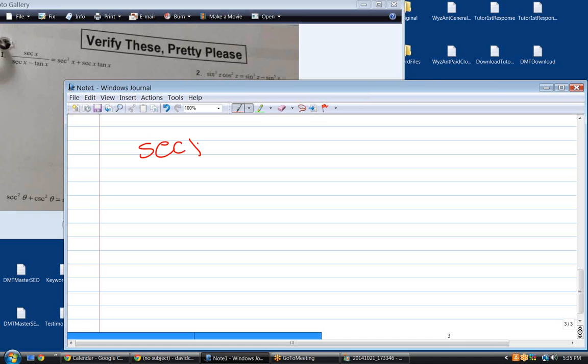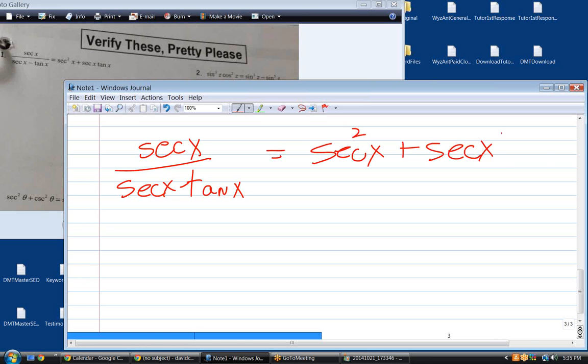Secant x over secant x minus tan x has to equal secant squared x plus secant x tan x. I would say the left side is the more complicated side. Yeah, I'd agree.